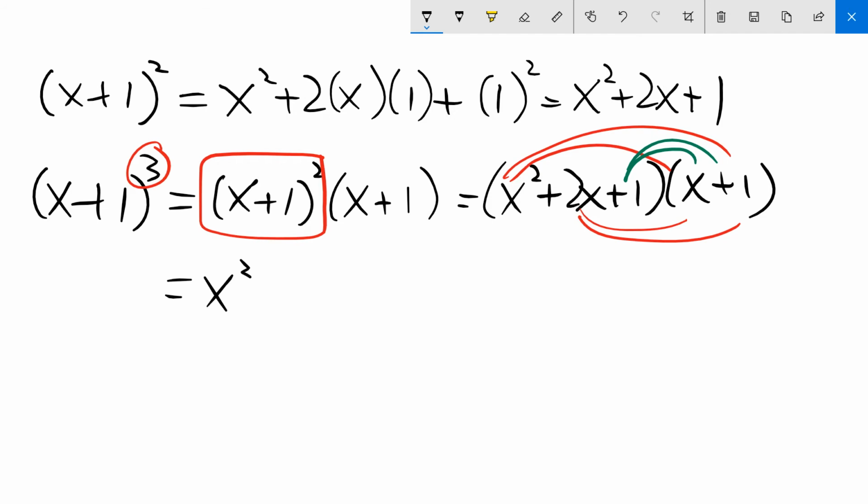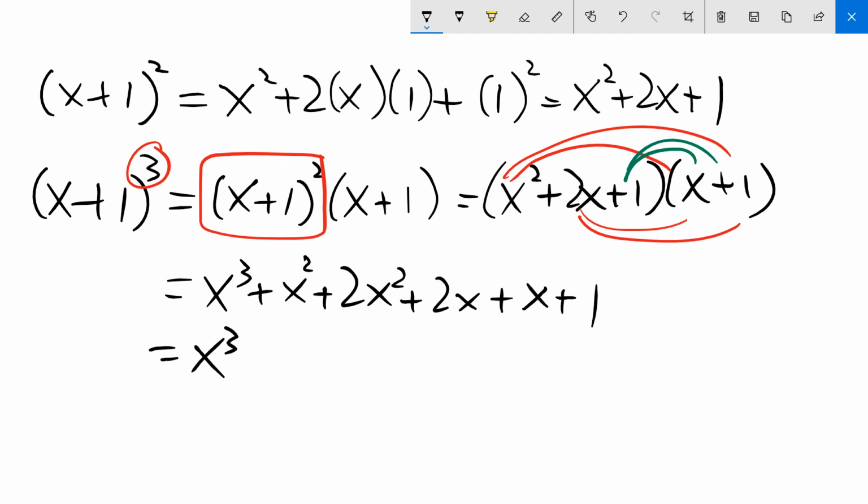So it becomes x to power 3 plus x plus 2x squared plus 2x plus x. Sorry, here should be x squared plus 1. So I will get x to power 3 plus 3x squared plus 3x plus 1. Okay, not that difficult, but already a bit more complicated than power 2.